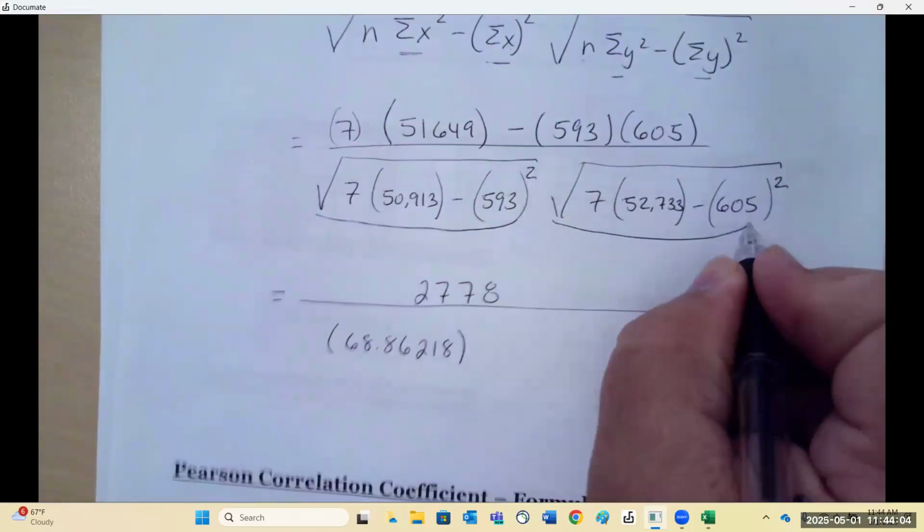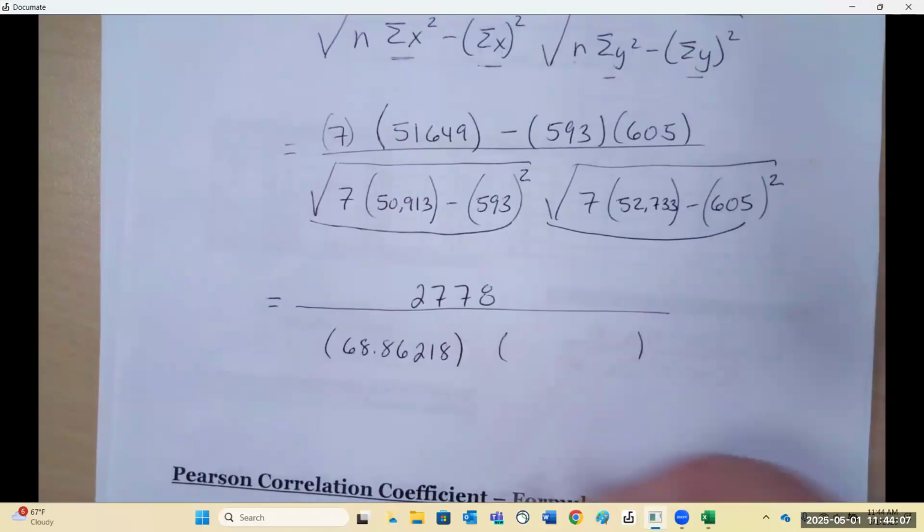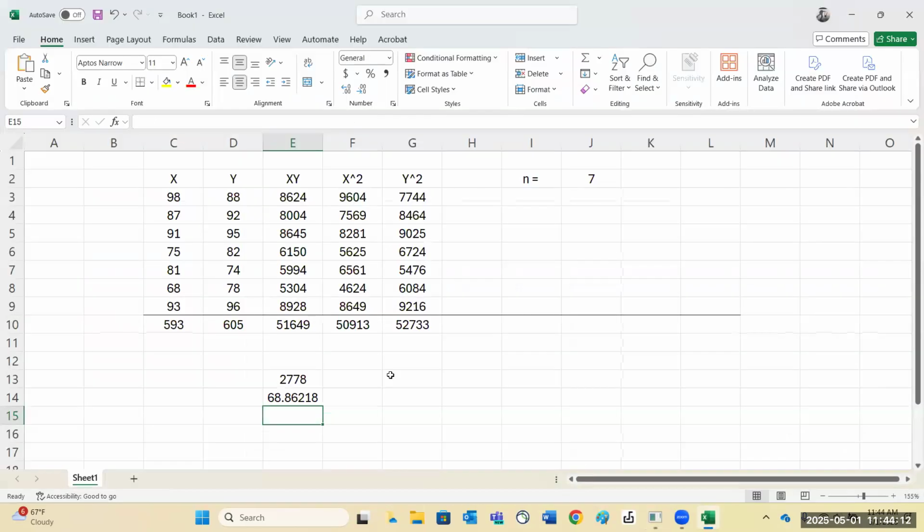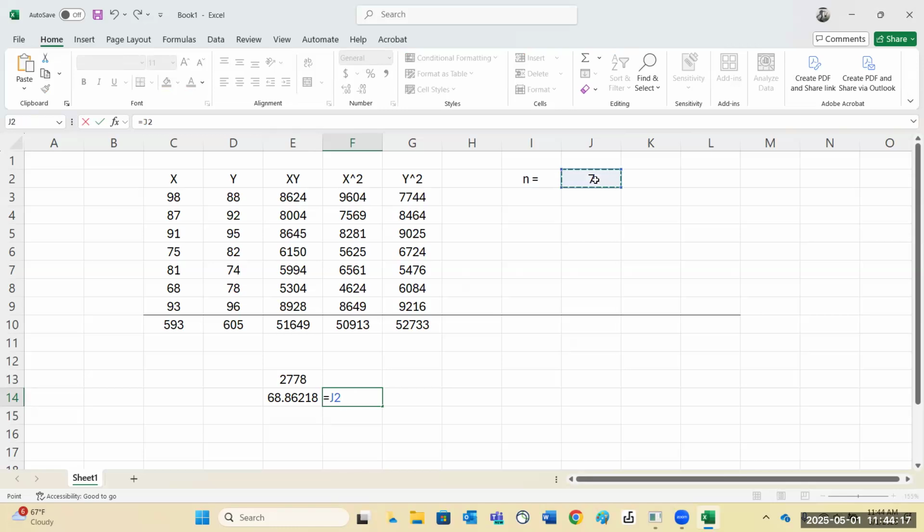I gotta do the same thing with this one. So that one's gonna be n times the summation of y squared minus the summation of y squared. Oop, I forgot to do that.